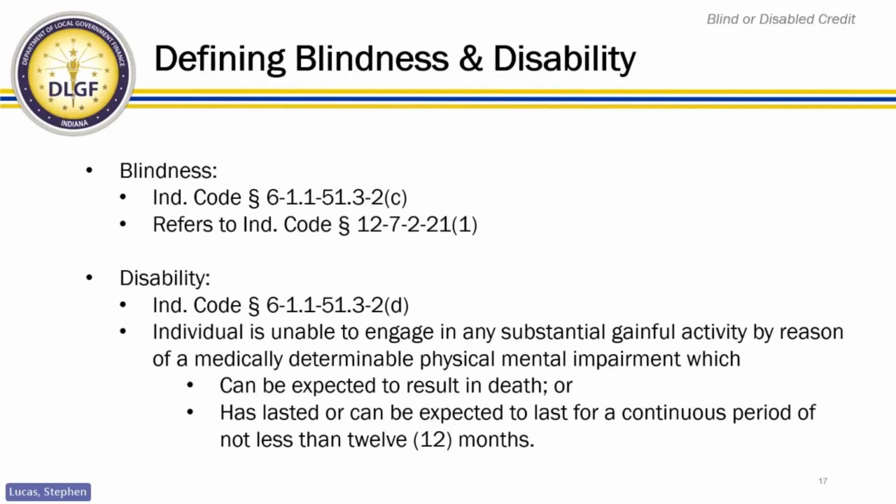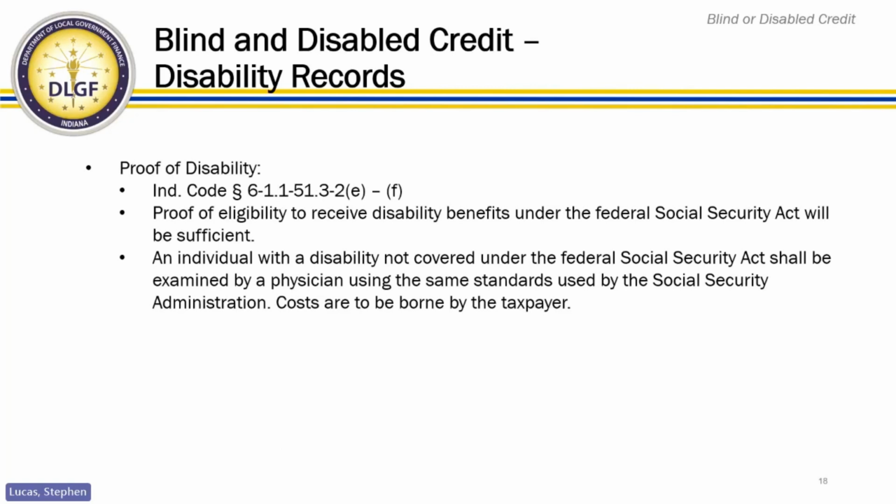So with either an applicant who is blind or disabled, they have to provide proof of their eligibility. For applicants who are disabled, the statutes I've listed here, subsections E and F, speak to what can be provided as proof. That's proof that the applicant is eligible to receive disability benefits under the Social Security Act.